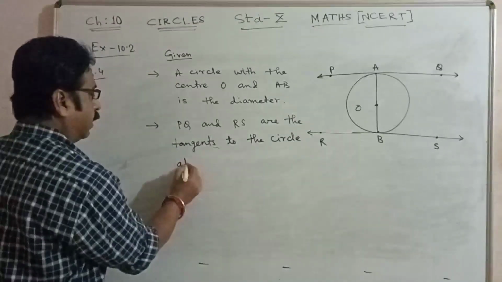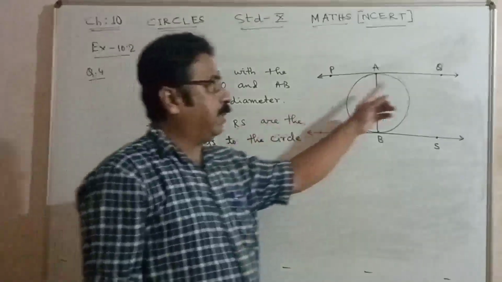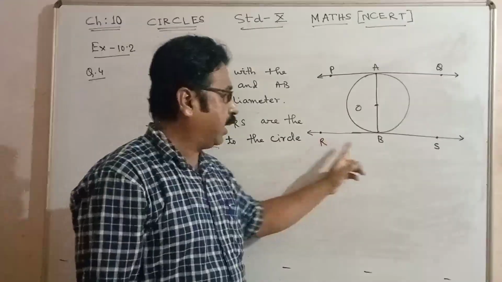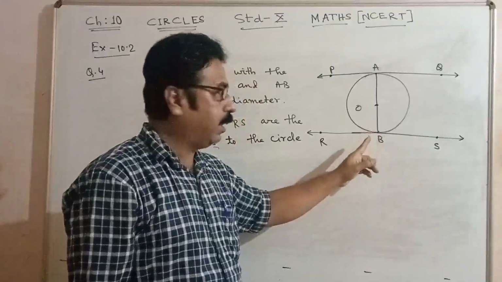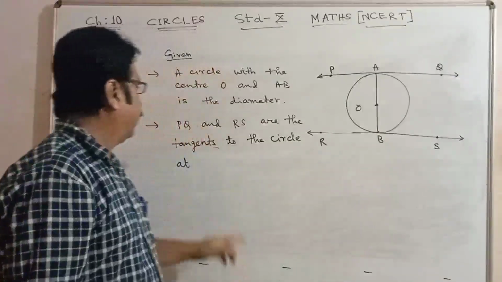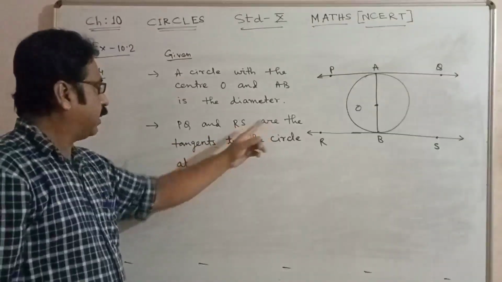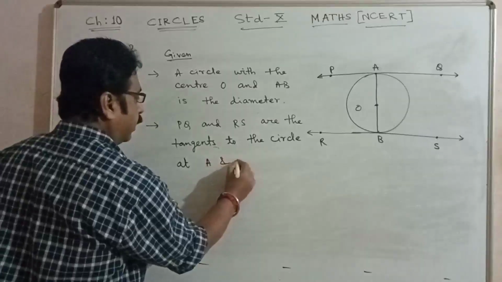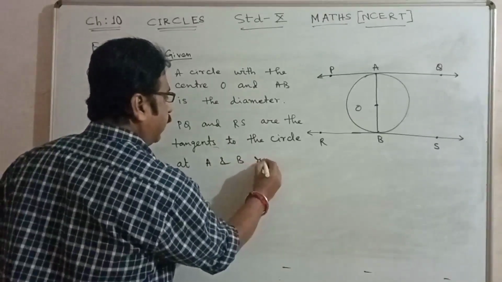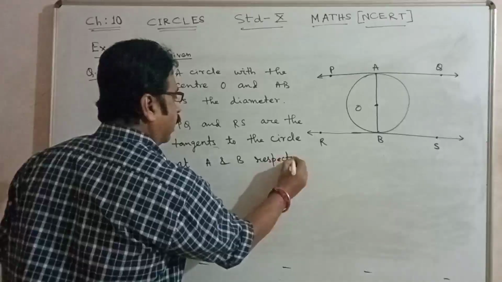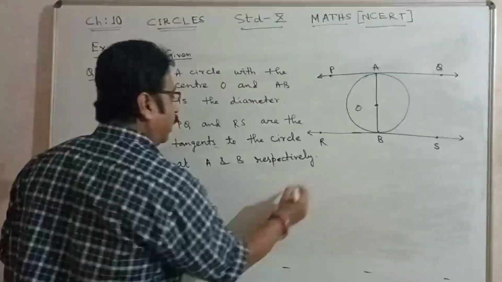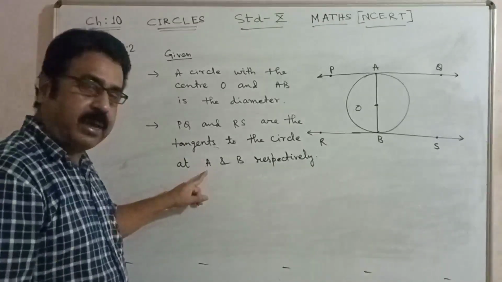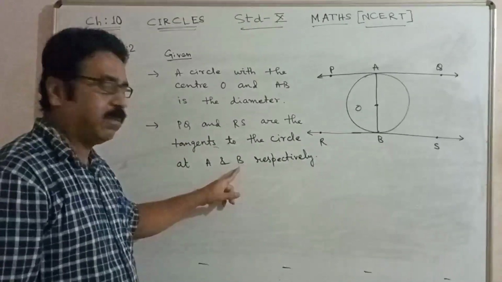PQ is a tangent to the circle at the point of contact A, and RS is a tangent to the circle at the point of contact B. You have written here PQ and RS are the tangents to the circle at A and B respectively. Respectively means PQ is the tangent at point A and RS is the tangent at point B.